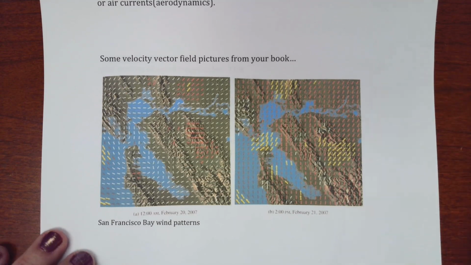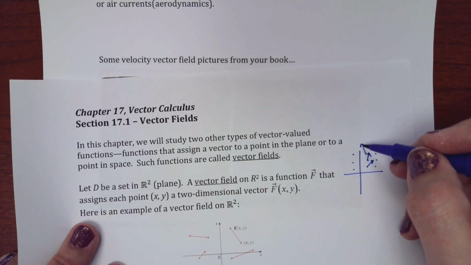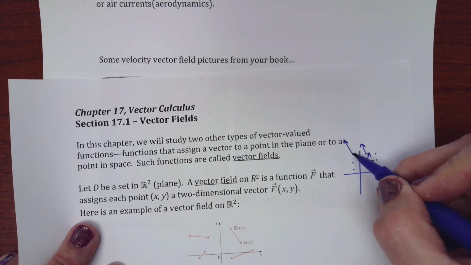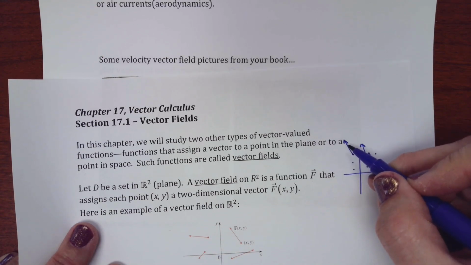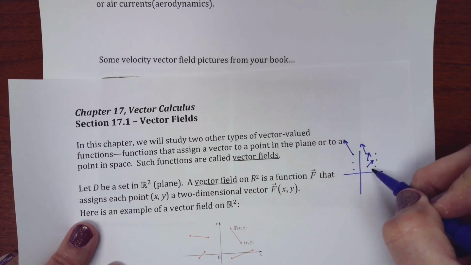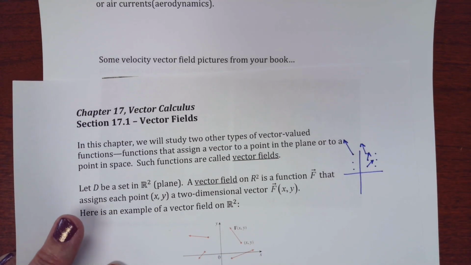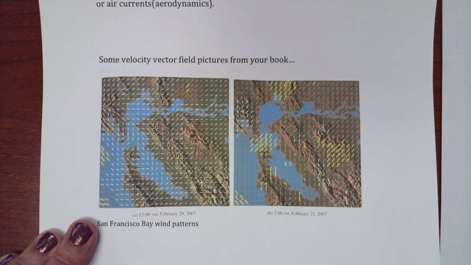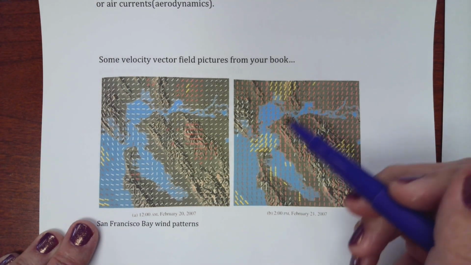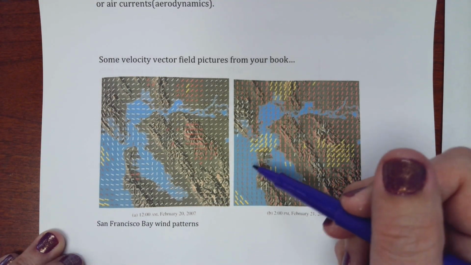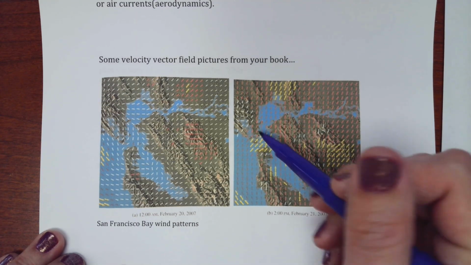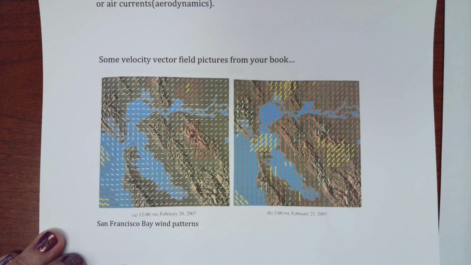Because in a vector field, maybe this line here is super long, so that indicates a strong push that way, versus these are only slighter pushes. So the length of the vector is the strength of that motion. This is probably indicating color like red is very strong, yellow is not so strong, white is kind of weak.